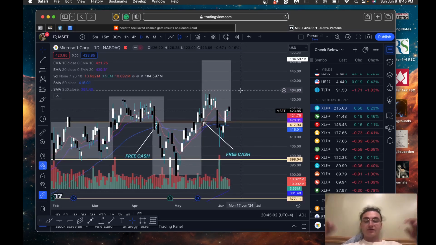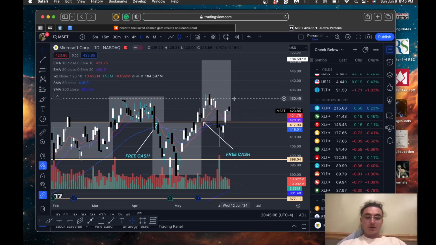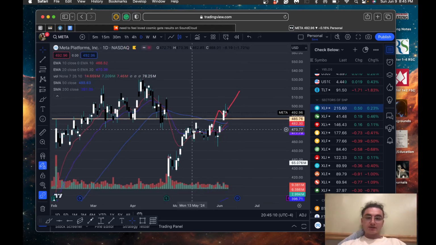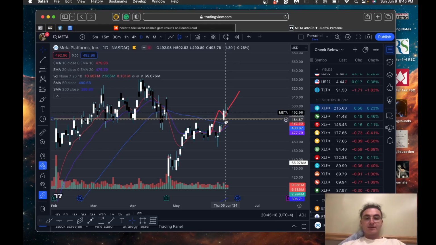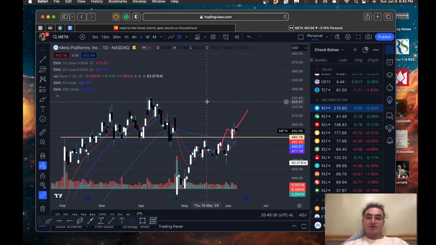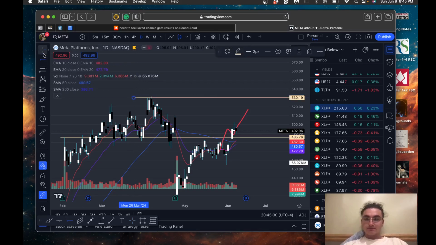So we want to see inflow into the index and inflow into the sector, tech. And Meta is lagging behind a little bit, but it just broke out of recent consolidation. It's above all of the lines. And so if we get sector inflow and index flow, positive upwards flows, buyers, whatever you want to say, then expect this thing to go test up here again as well.